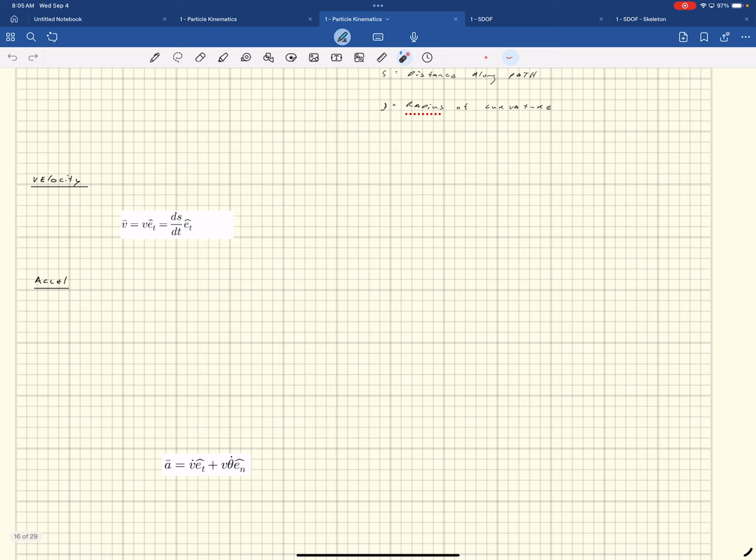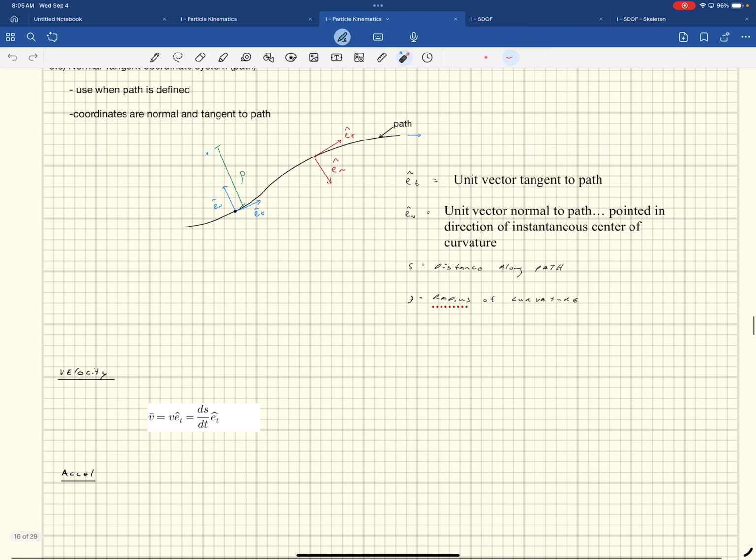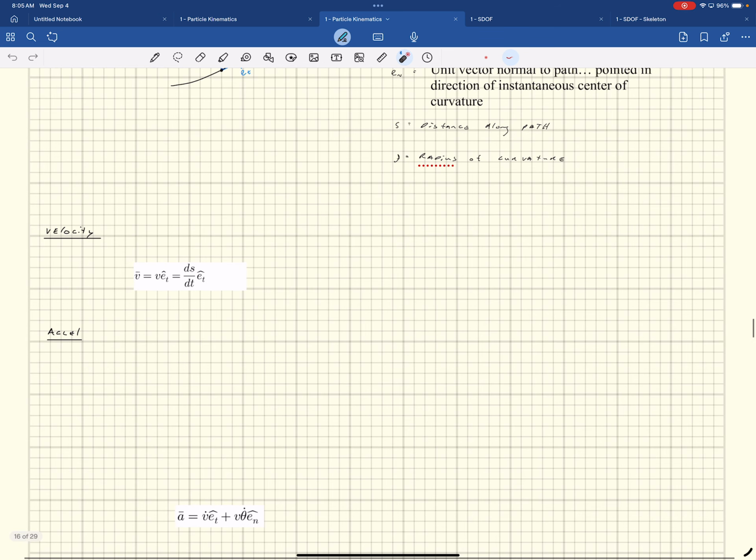So what we're going to do is first define the coordinate system, we talk about position, and then we're going to talk about velocity, then acceleration, and then we're going to do some problems. Okay, so here's the velocity right here. If we start out with velocity, we want to define velocity in this coordinate system, right?